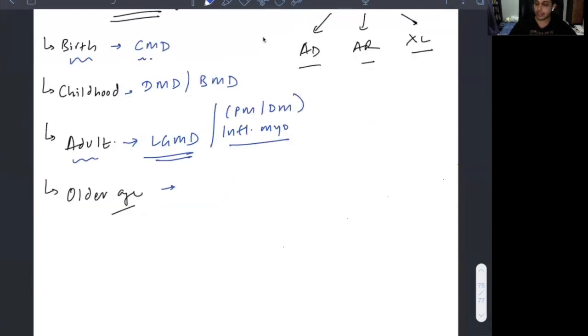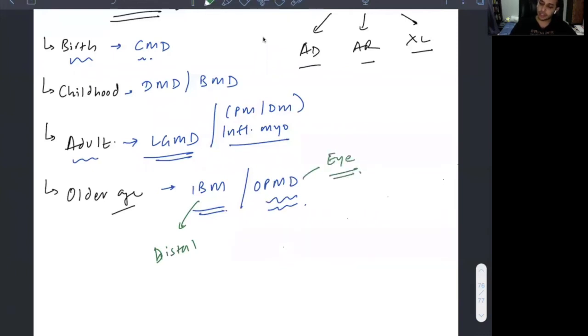And older age groups are your inclusion body myositis or your oculopharyngeal muscular dystrophy. Now, just to quickly revise these, inclusion body is the one that I said will present with distal myopathy, and OPMD is the one that I said might present with eye involvement.